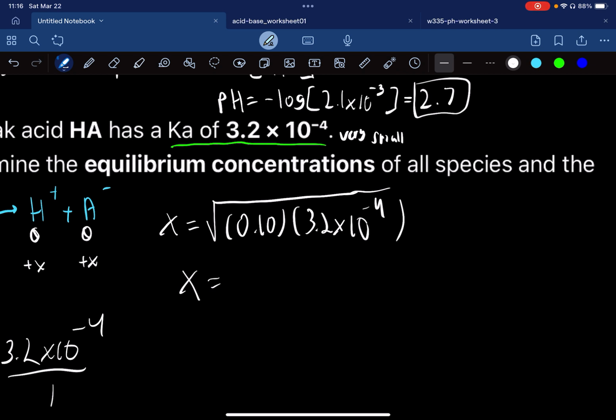We're gonna get, let's do 2 sig figs, 5.6 times 10 to the power of -3, because it's a 5 next.